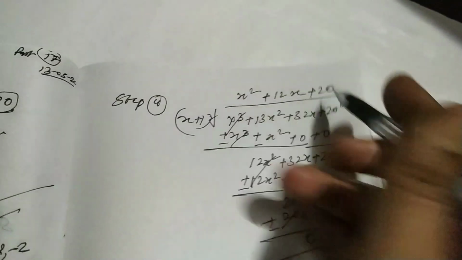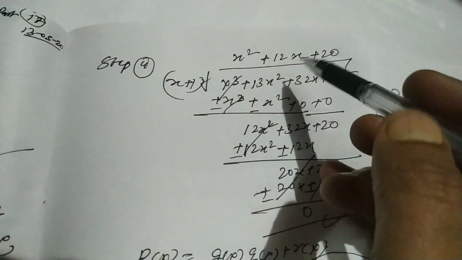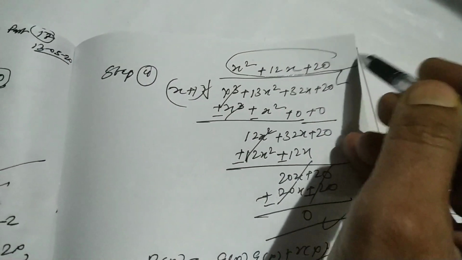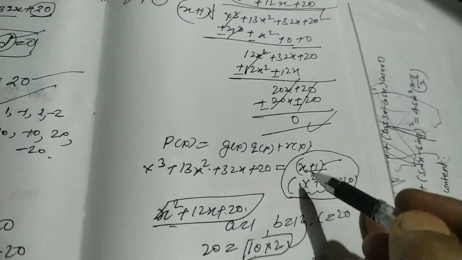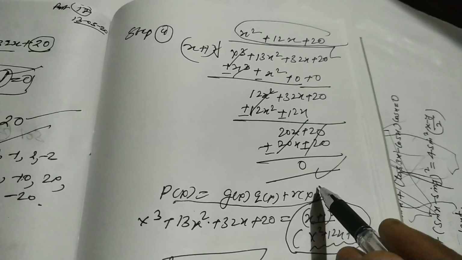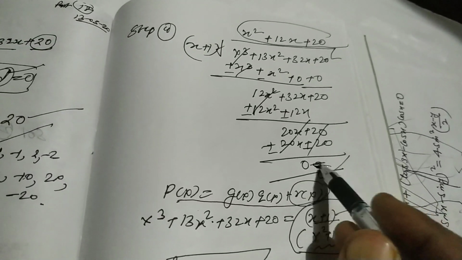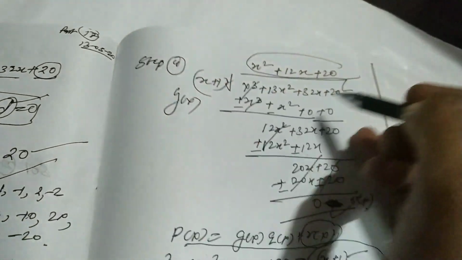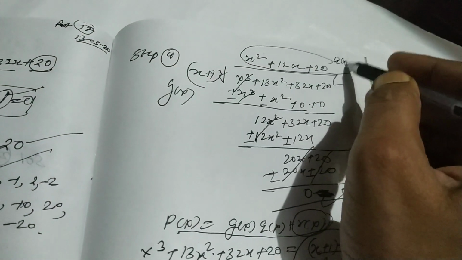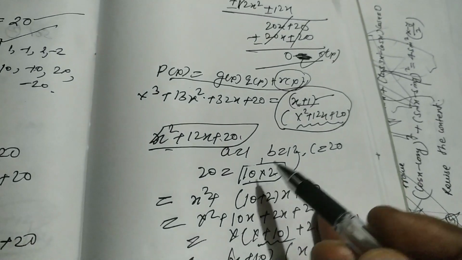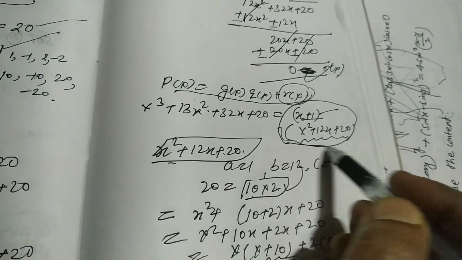Then divide by the long division method and we get a quotient, which is again a quadratic equation. We know that p(x) equals g(x) into q(x) plus r(x), where r(x) is 0 here. That is one possible answer.